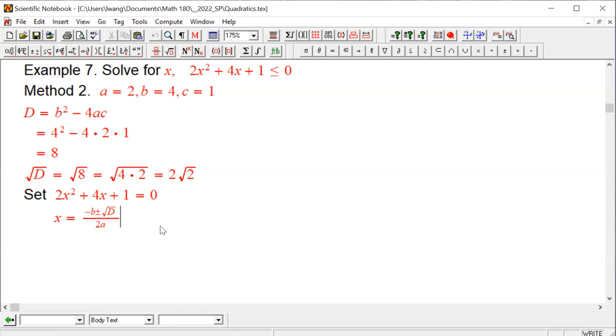Quadratic formula. And what does that equal? We just plug in the numbers. A is 2, B is 4, and the root D is 2 times root 2. We already found it.